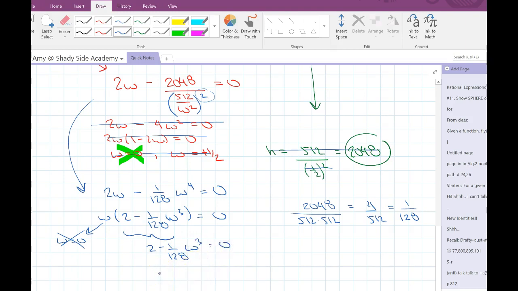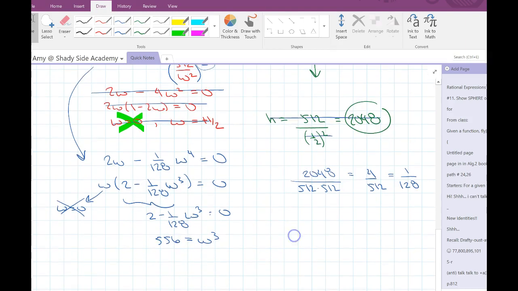So then 2 times 128 is 256, which equals W cubed. So W equals the cube root of 256. Okay, so there is your width.